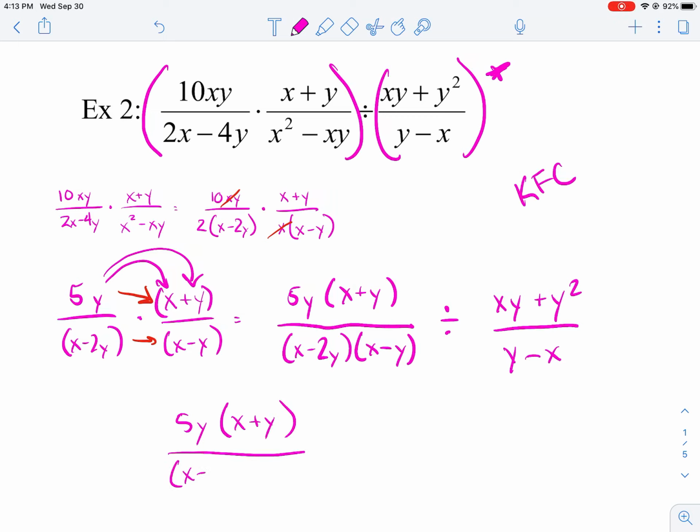That's already nice and factored for us, so I almost made the mistake of multiplying that all out there. That would have been really silly. Keep, flip, so I'm going to flip this one right here. I'm going to put the y minus x at the top. And then I'm also going to factor that numerator as well. So I'm going to take out a y from each piece, and I'm left with just x plus y.